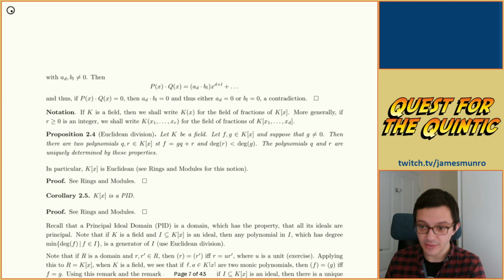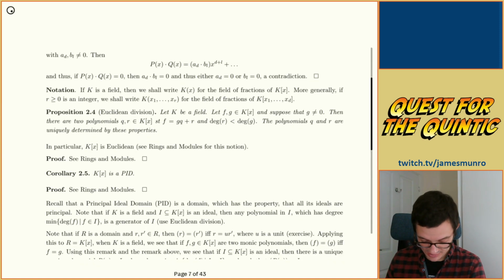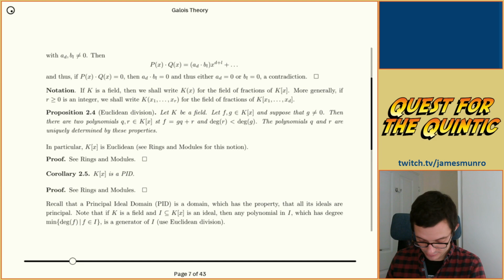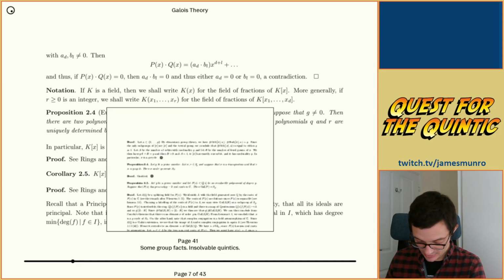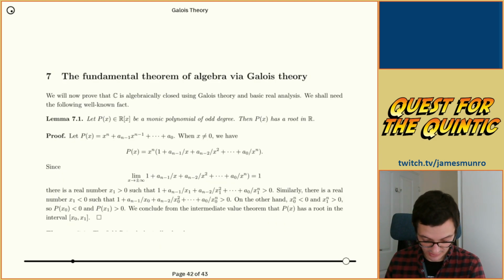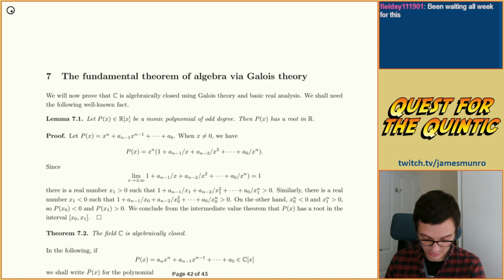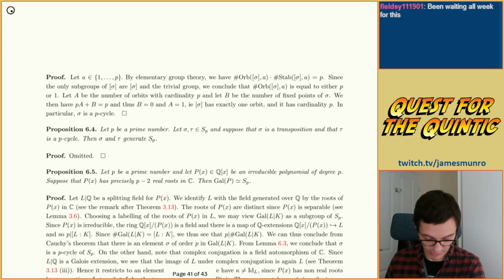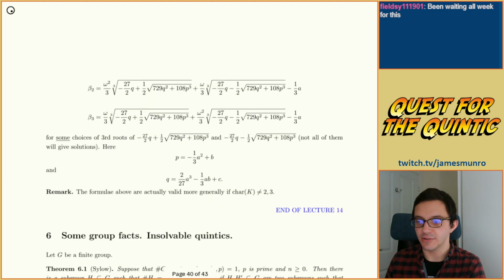Right, so the thing I'm looking for is really near the end, so I need to go all the way to the end of this 43 page document, and I think the thing I'm looking for is around here somewhere. Splitting fields, insolvable quintics. Right, this is the fact I'm going for.